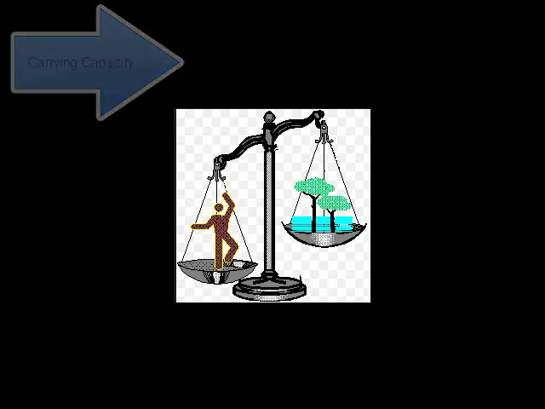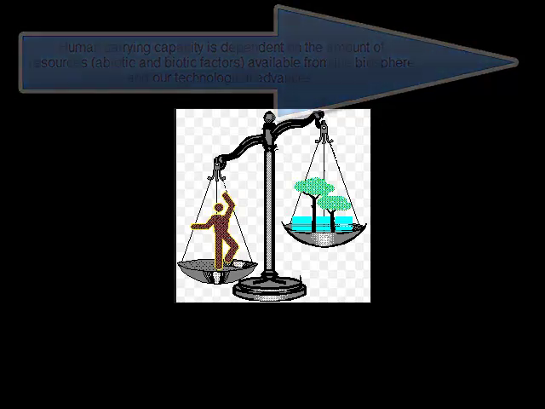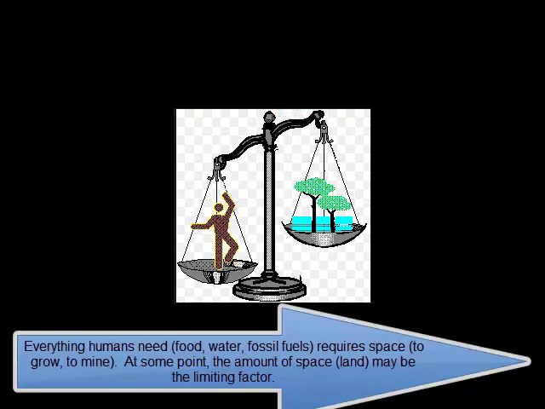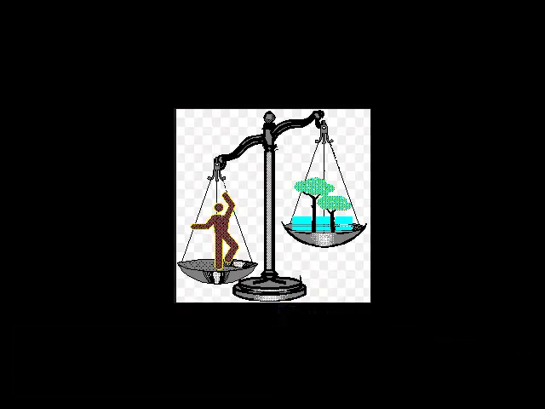Our carrying capacity is dependent upon abiotic factors, biotic factors, and our technological advancements. All the resources humans need, such as food, water, fossil fuels, require space to grow, to mine, and that space may become our limiting factor.